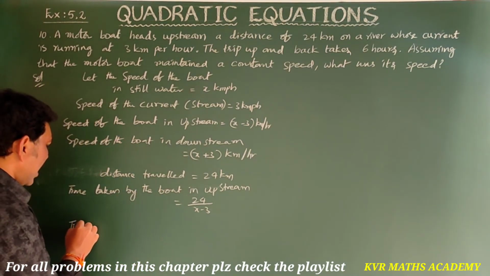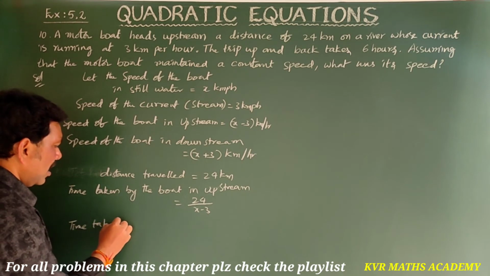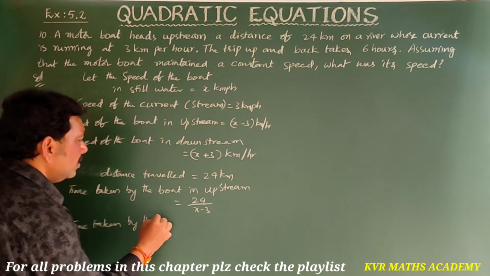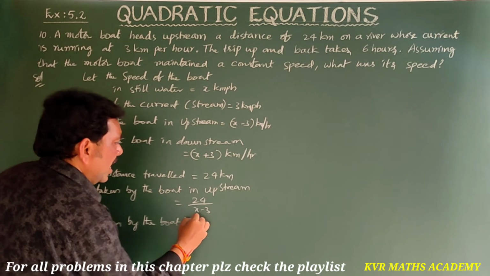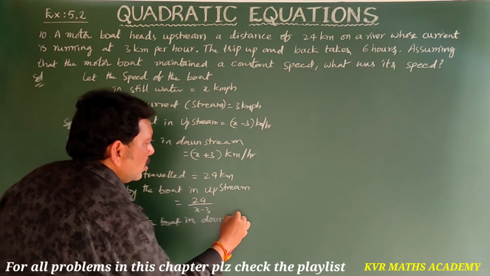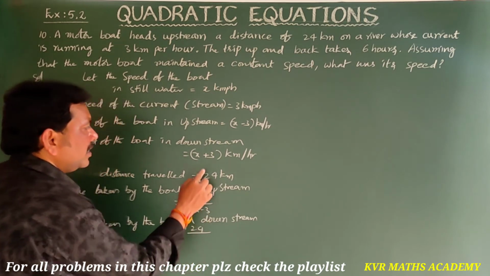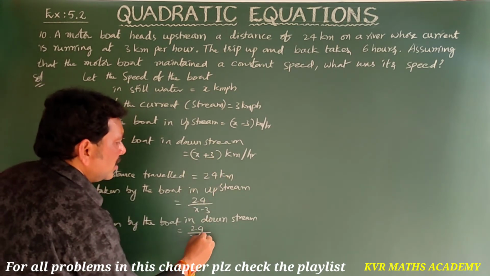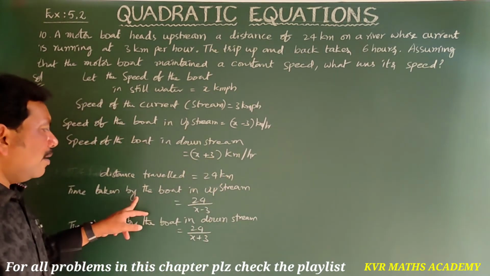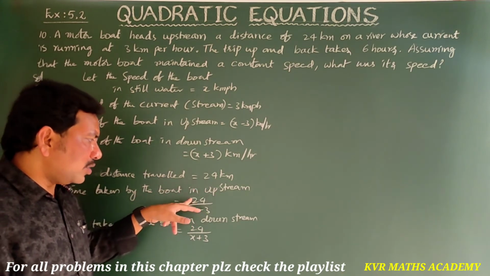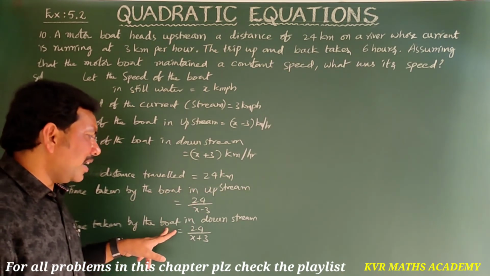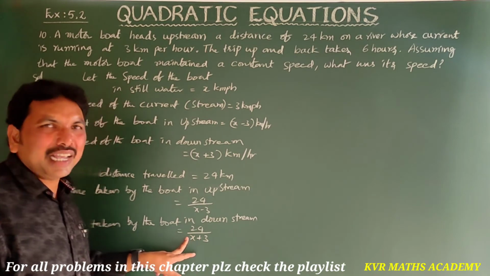Next, the time taken by the boat in downstream is 24 by downstream speed, x plus 3. So the time taken by the boat in upstream is 24 by x minus 3, and in downstream is 24 by x plus 3.